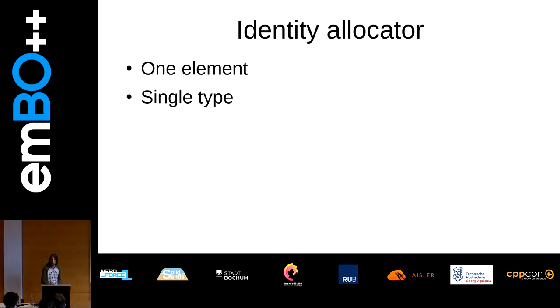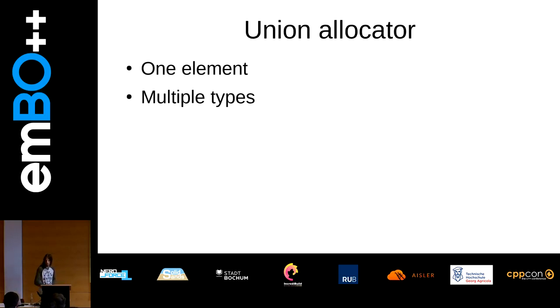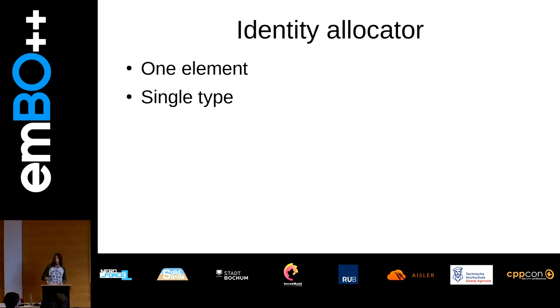And we have the union allocator. Yeah, so I'm trying to wrap my head around this. If I want to allocate something, do I start with a leaf and then propagate up as needed? Yes. You start by just calling the allocate function of the identity allocator.